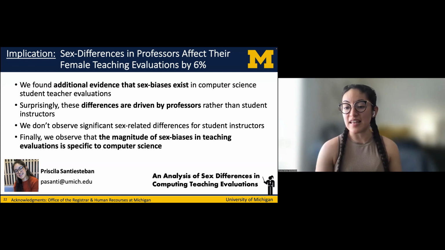It would be interesting to see how many of the professors currently in Michigan try to be more gender neutral. Maybe we could see whether these biases are more present with professors who are not doing their best to keep it gender neutral, versus professors who are. So of course, that would be another aspect of the study that would be really interesting to see.